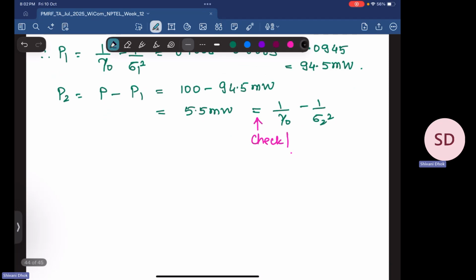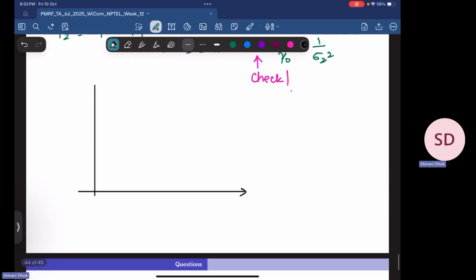So how does the diagram now look? Same diagram I'm drawing. So I had mode 1, then we have the eigen mode 2, and then we have here 1 by sigma i square.